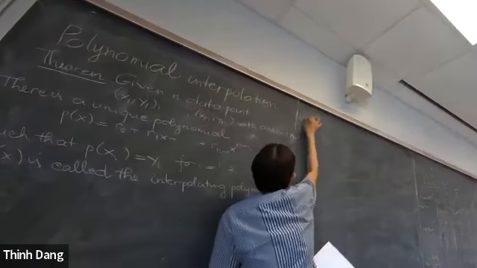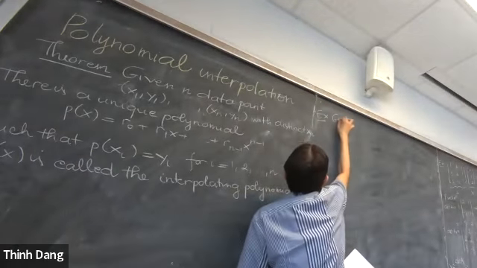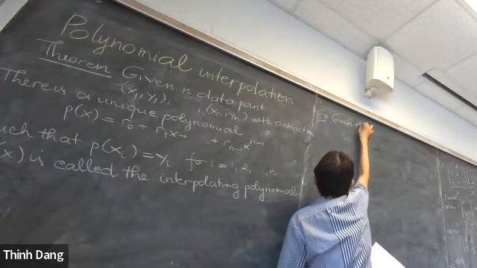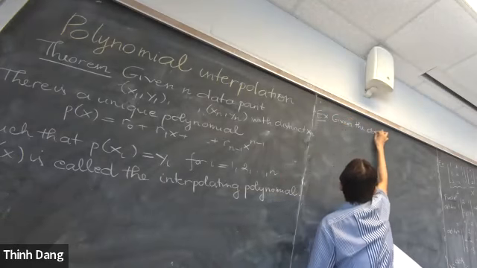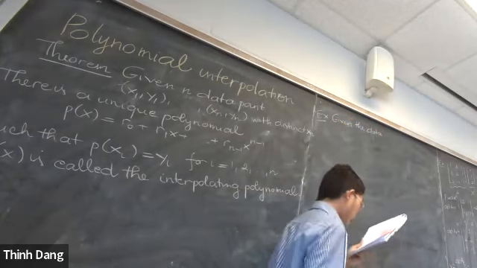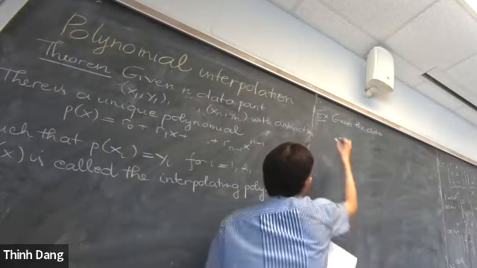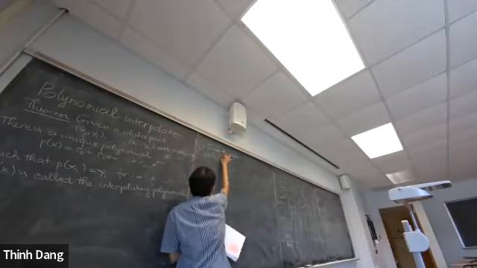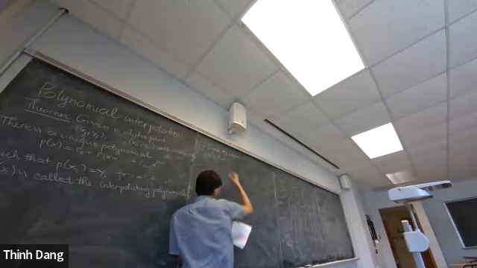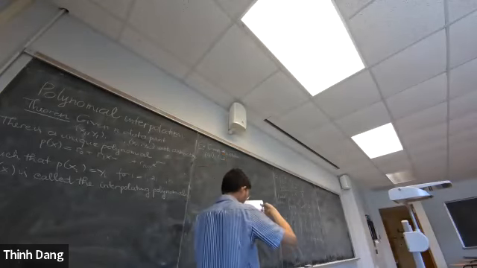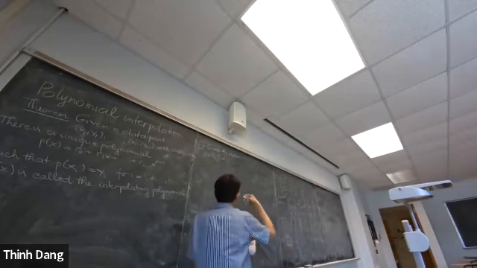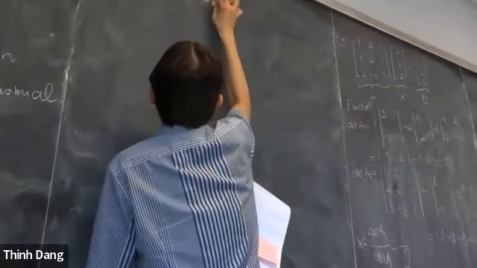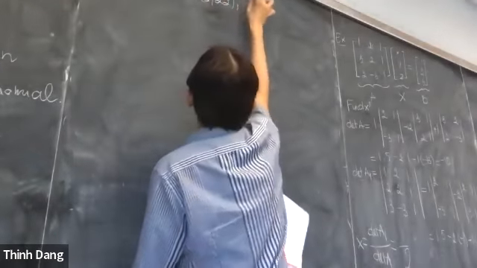For example, given the data. Here I have 4 data points. We got (0, 1), (1, 2), (3, 22), and (5, 66).